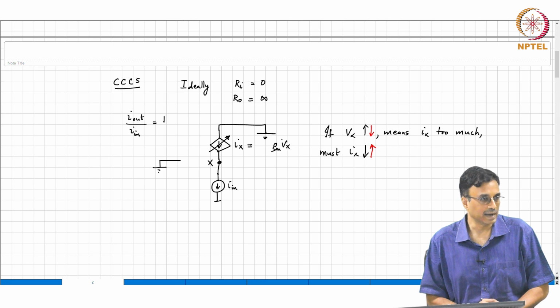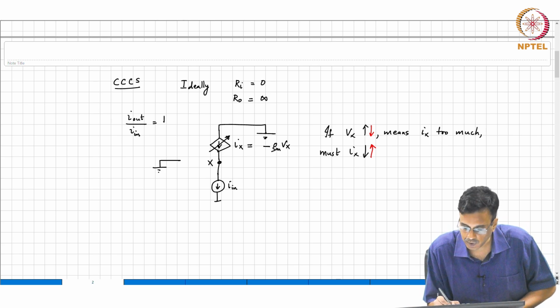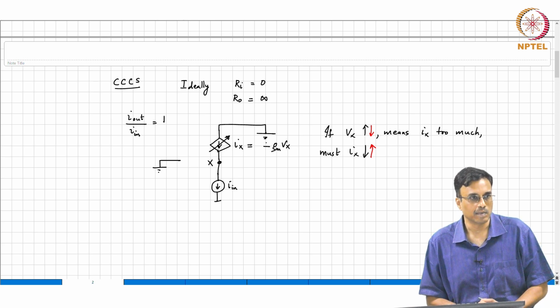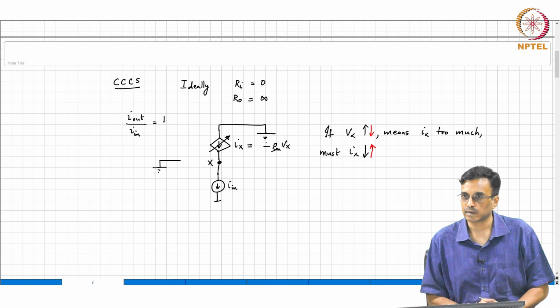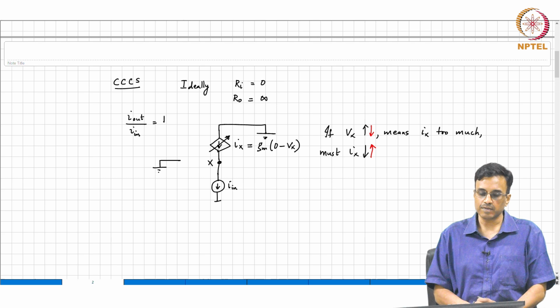Yes, negative. Why? Because if Vx is going up, Ix must fall down. So, this is basically minus Gm times Vx, which, to aid you, I am going to write as Gm times 0 minus Vx, and now can you identify the transistor for me?